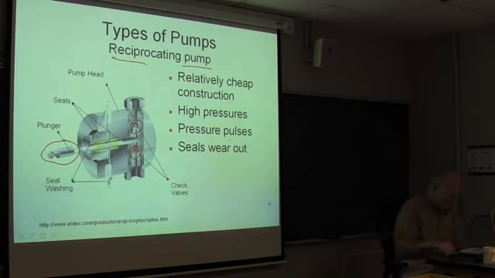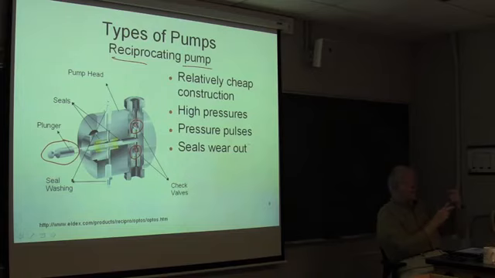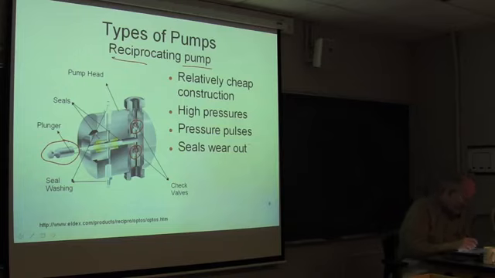These 2 check valves are working in opposition, so that when the piston is moving in, displacing solvent from the interior of the pump, this upward check valve is open and the fluid goes that way, whereas this check valve is closed, not allowing the fluid to go that way.